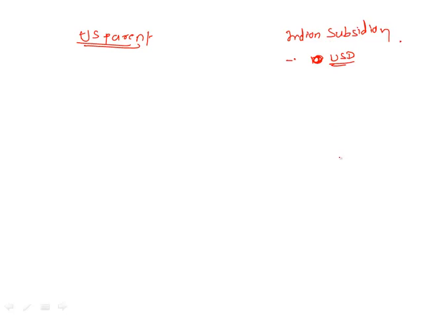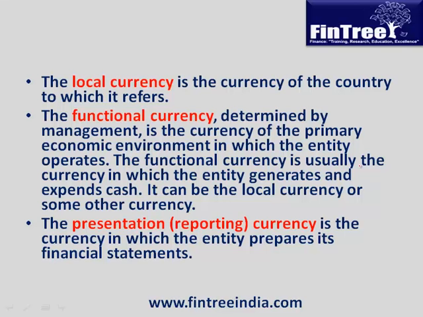Or it is quite possible that this Indian subsidiary is doing its entire business in Indian rupee. So what method do we want to use when we convert the financial statements? That would depend on how your subsidiary is placed in terms of how much bandwidth it has in taking its own decisions. Is it operating independently, or are the decisions of the subsidiary dependent on the parent? Is it fine? So now look at this carefully.